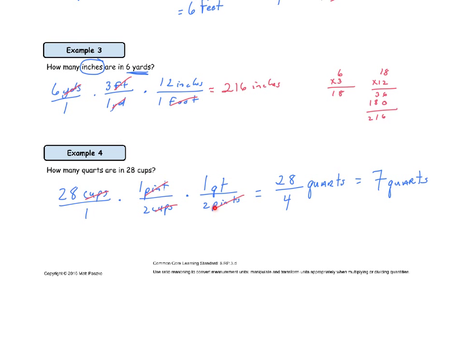So that we can cross off the labels here. And also recognize that when you have a smaller unit like cups converting to a larger unit of quarts, you're really just dividing. But when we have a larger unit like yards converting to inches, a smaller unit, all we do is multiply.